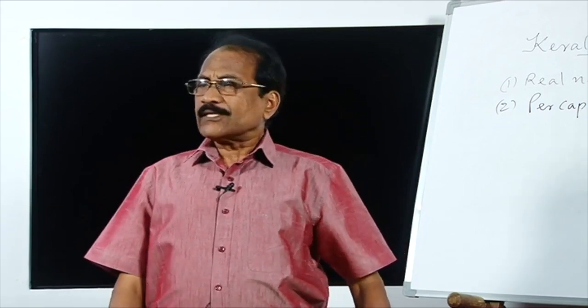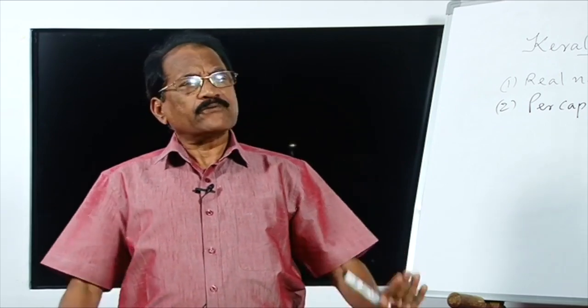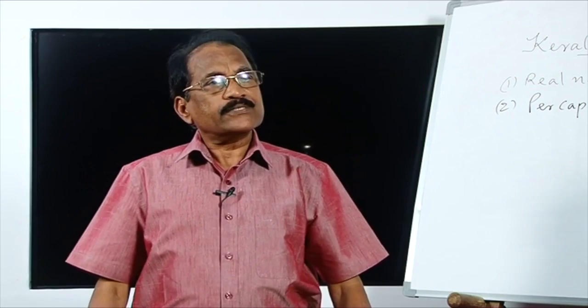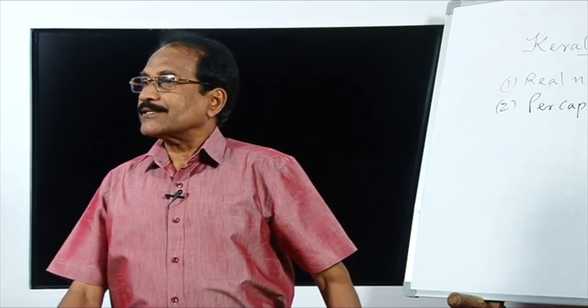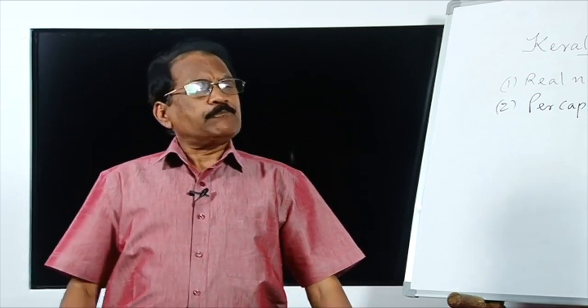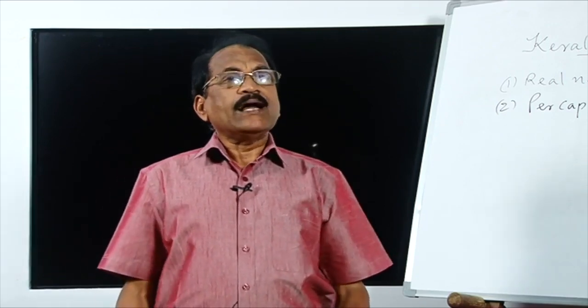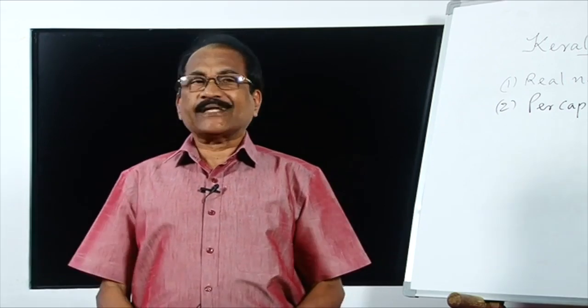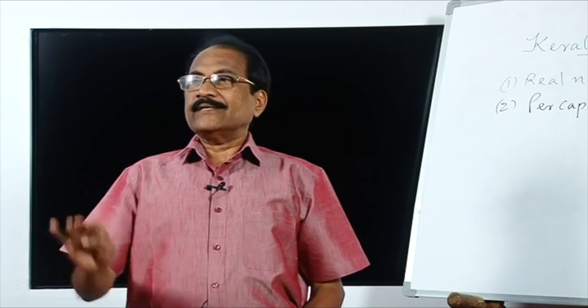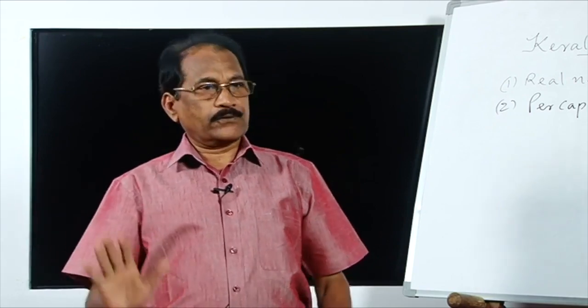We have to consider a number of things simultaneously if we want to study the development taking place in a country, to assess whether there is economic development or not.